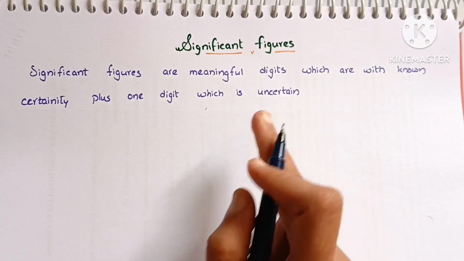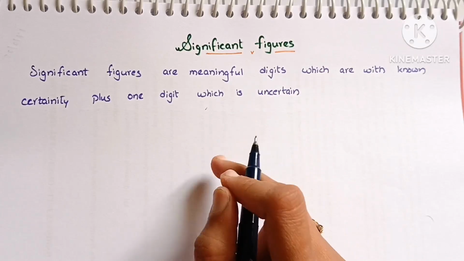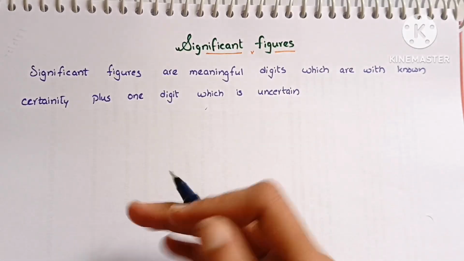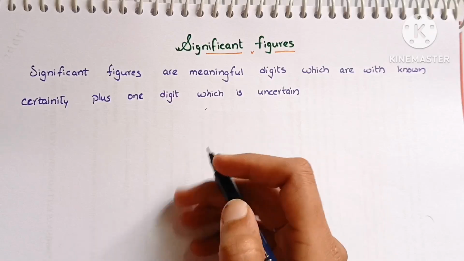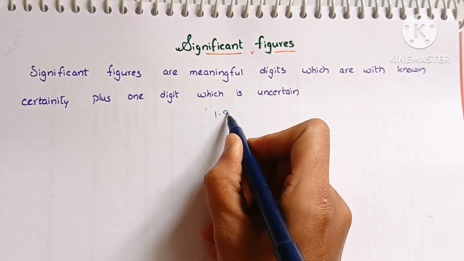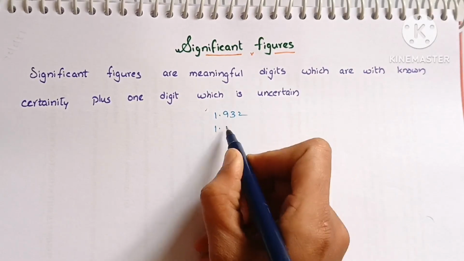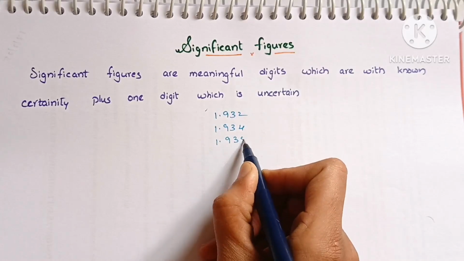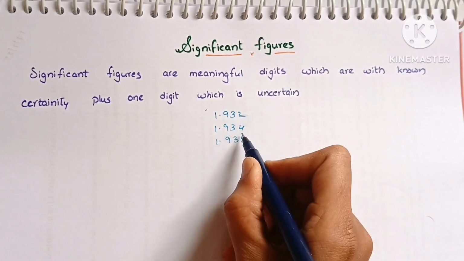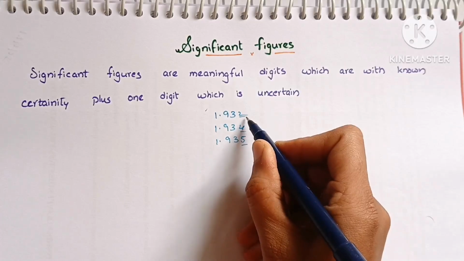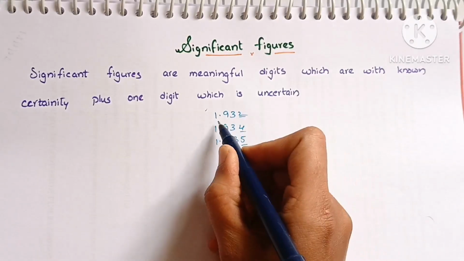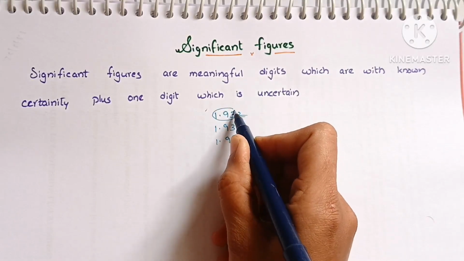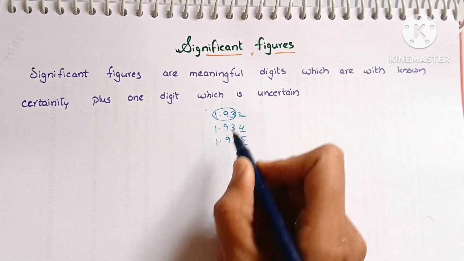Here, if a person measures the mass of a substance with a chemical balance, he can obtain different measured values like 1.932, 1.934, 1.935. Here the last digit is changing. This digit is the uncertain digit and the remaining digits are not changing. These are certain digits.